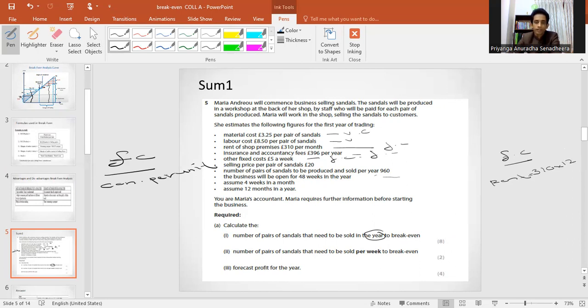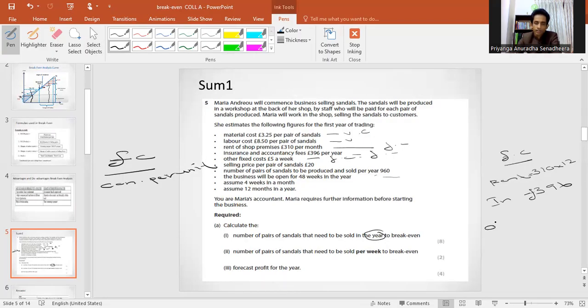That's the rent, one fixed cost. The second one is insurance and accountancy fee, 396 per year. It's given for the year, so we don't need to change anything. It's 396.